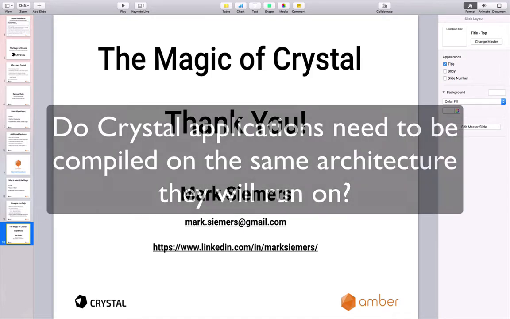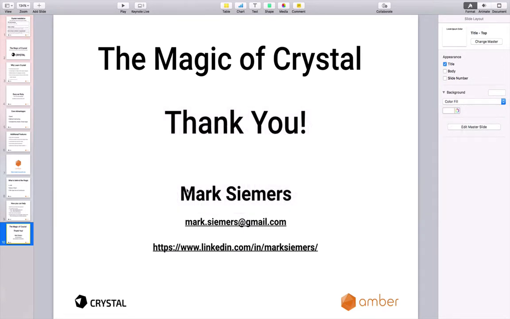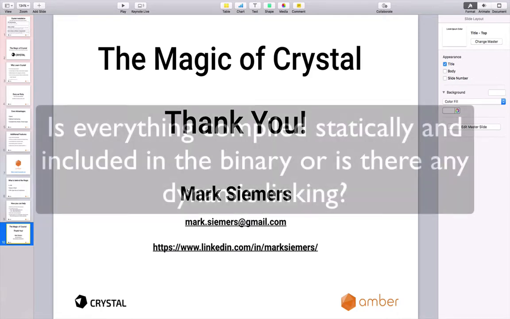Rob: Are binaries portable? They should be compiled on the same architecture. That's where Docker containers can really come in handy. If you're working on Mac and deploying to Ubuntu, Docker containers are nice.